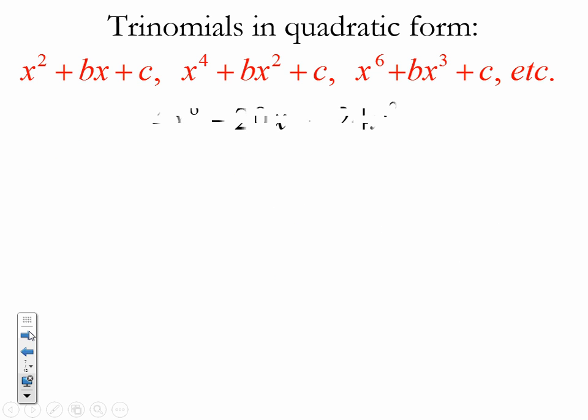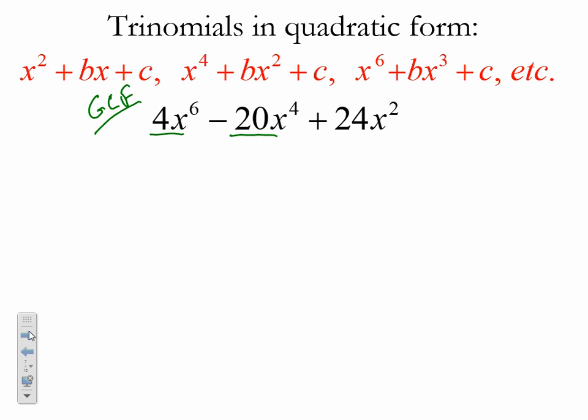All right, we're going to do one more using the AC method. This one's going to be a little bit different. The first thing that we forget all the time is to take out the greatest common factor first. So on this one, we have to use GCF first. We can divide everything by 4, and we can divide everything by x squared.